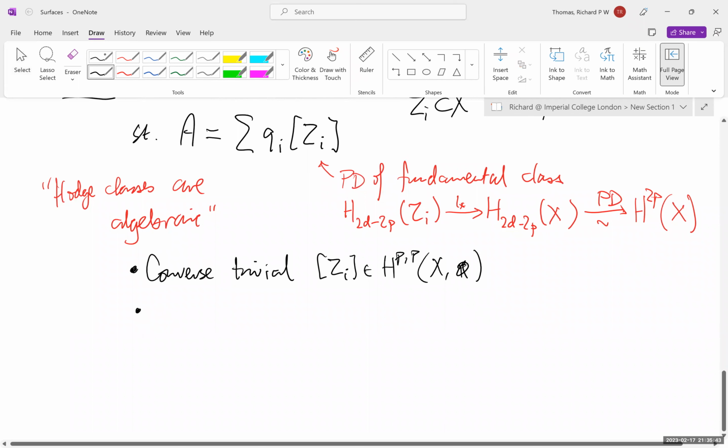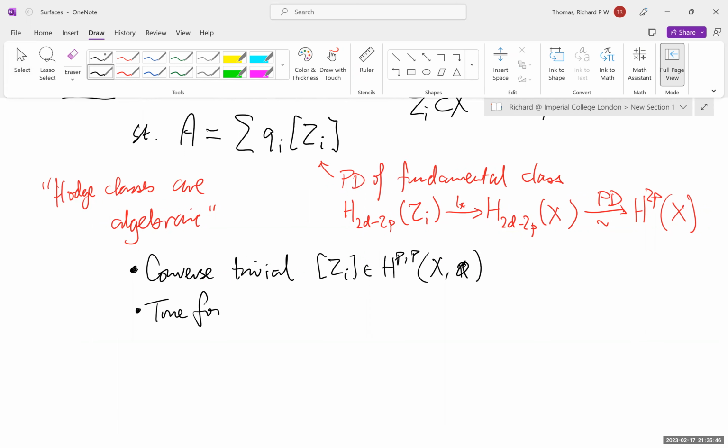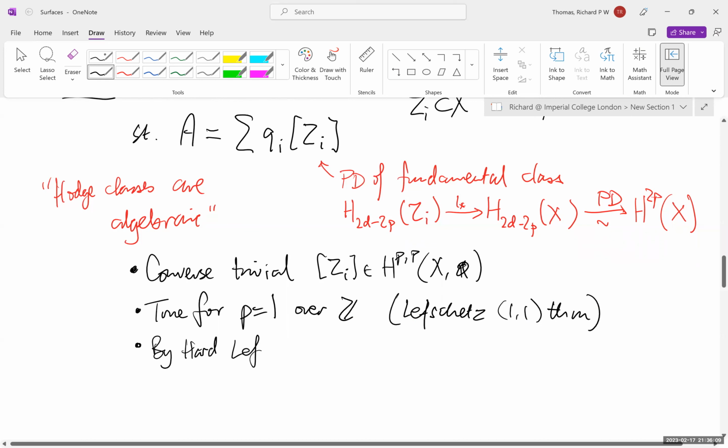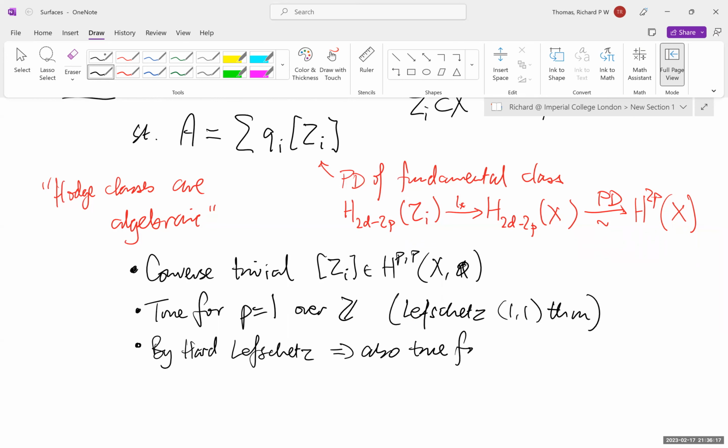Okay. What else do we know? It's true in codimension 1. In fact, over the integers, you don't need to use the rationals in codimension 1. So this is the Lefschetz (1,1) theorem. And it's therefore true by hard Lefschetz in the complementary dimension, so p equals d minus 1.